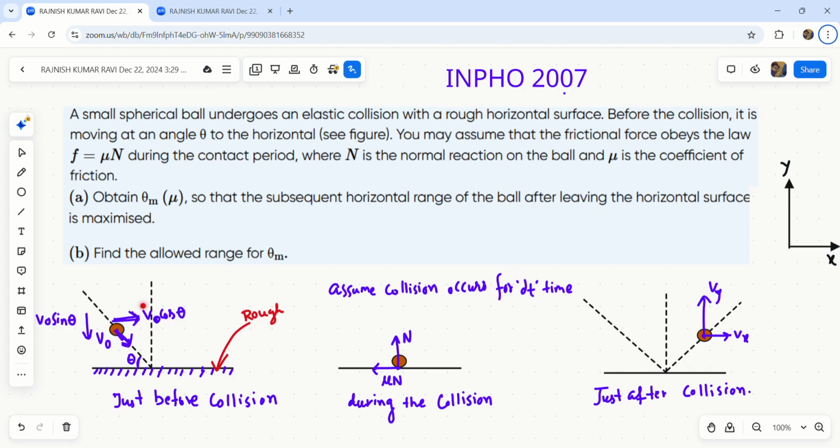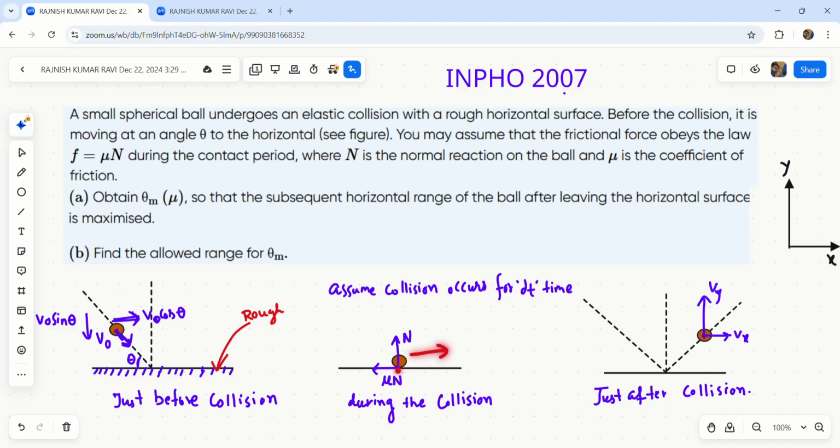Initially its x component velocity will be v0 cos theta, and its velocity in y direction is v0 sin theta. So this is the situation just before the collision. During the collision, when it strikes this surface, there will be an impulsive normal in y direction, and since this point has a tendency to move in forward direction, there will be a tendency to slip in forward direction.